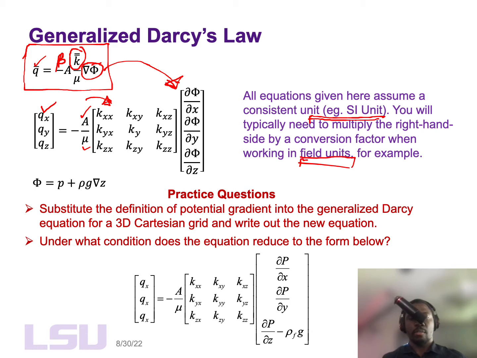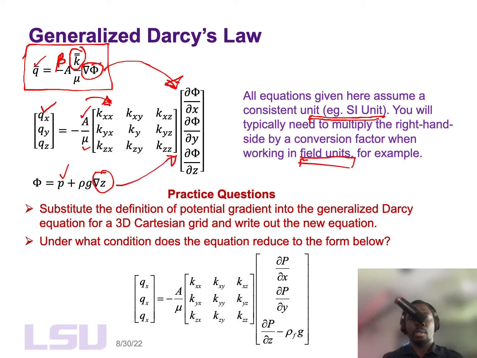So this is what your flow potential is: pressure plus rho g h, basically. But this is the gradient of it, the gradient of the z with respect to those three directions, x, y, and z. So essentially, grad z looks like this, except you're looking at z.